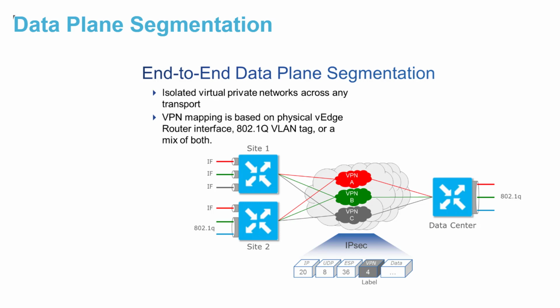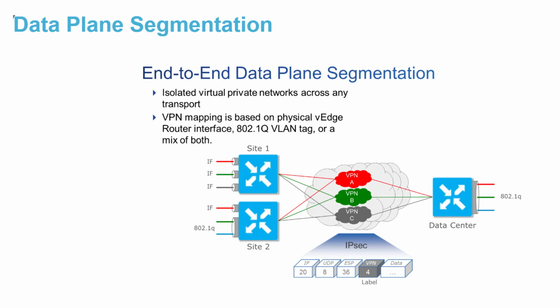Does that make sense? So the local vEdge routers, when they receive that data with that particular VPN ID label, use that label to demultiplex the data traffic. Basically, it's the same way that an MPLS label might be used, and it's designed based on that concept. All right. We have some default VPNs that are used.